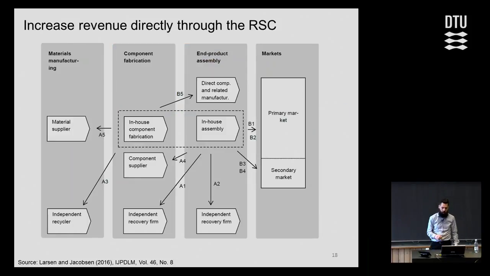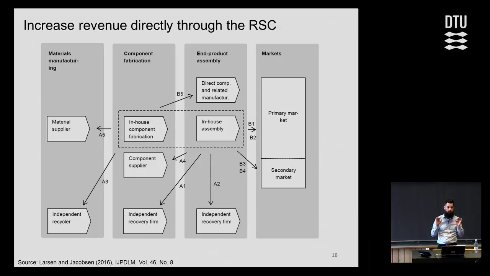So beginning with the increased revenue directly through the reverse supply chain. Now this figure has the same 4 columns as the initial figure where I defined the original equipment manufacturer. So the middle part of that figure is just a copy from that one.